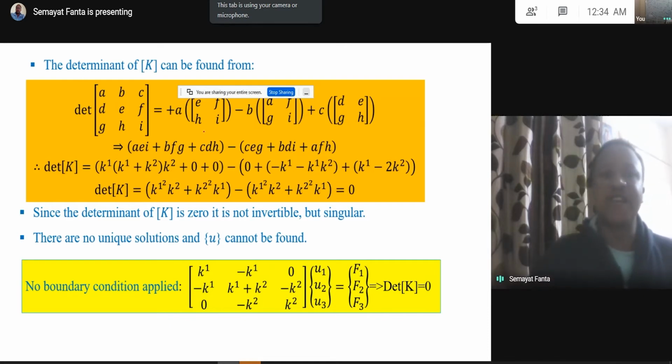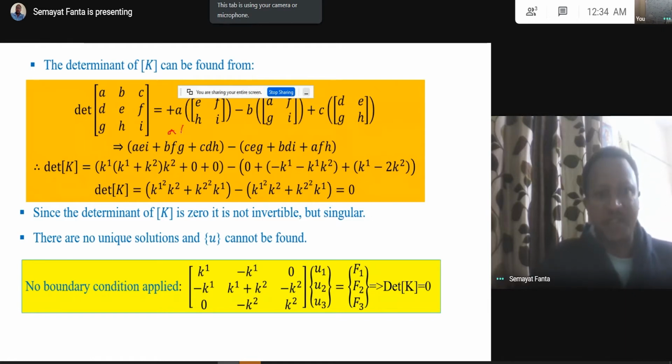For this 3 by 3 matrix, we have such a representation: multiplying A with the entries E, F, H, I. A times the determinant of the submatrix, which is EI minus FH.